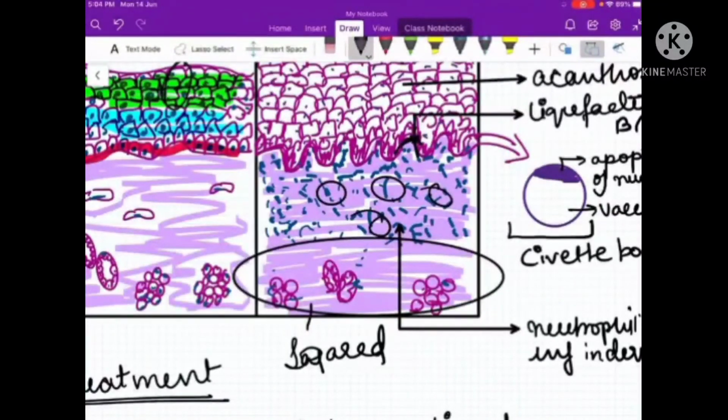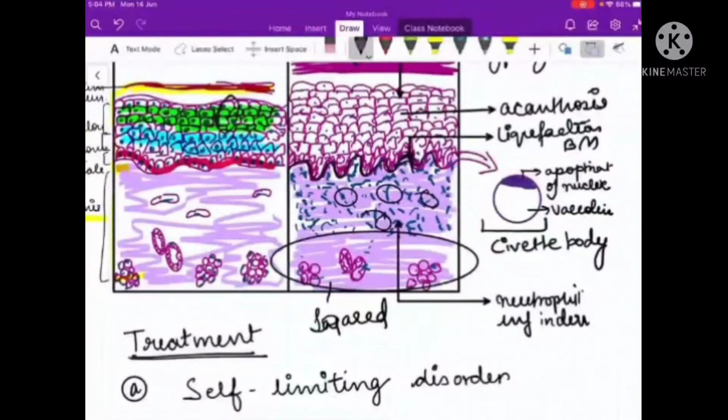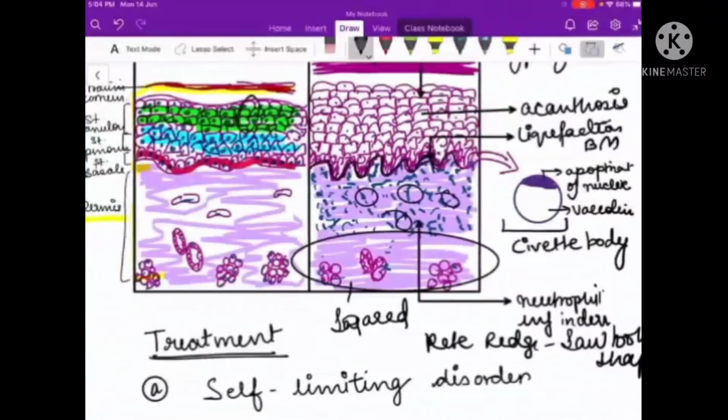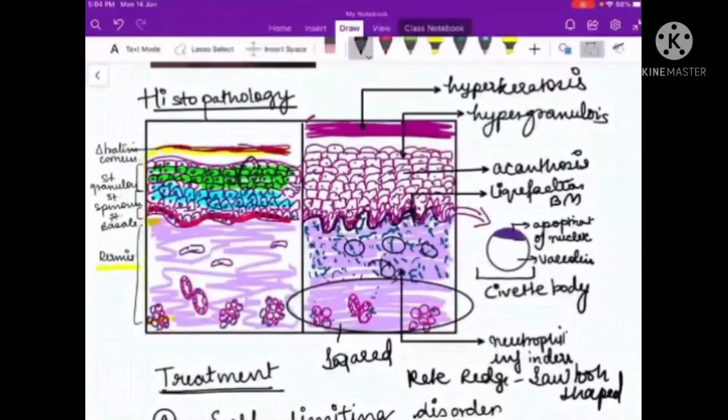And a very classical finding we also see here is that the rete ridges are sawtooth shaped. Hence the histopathology of lichen planus.